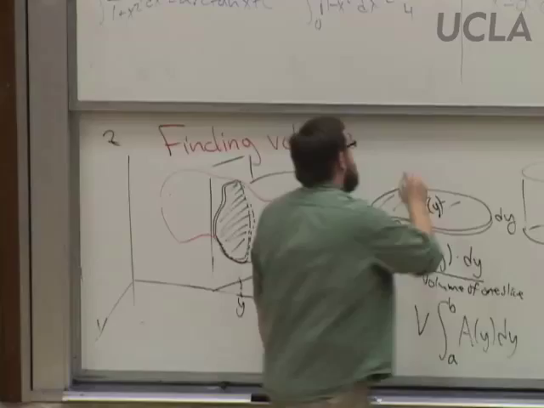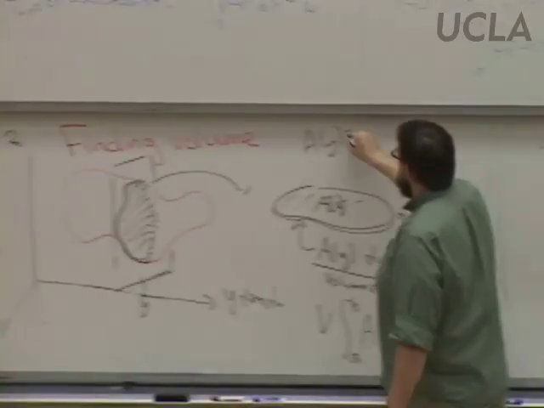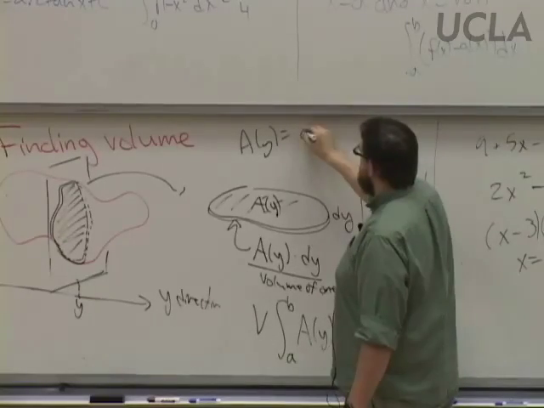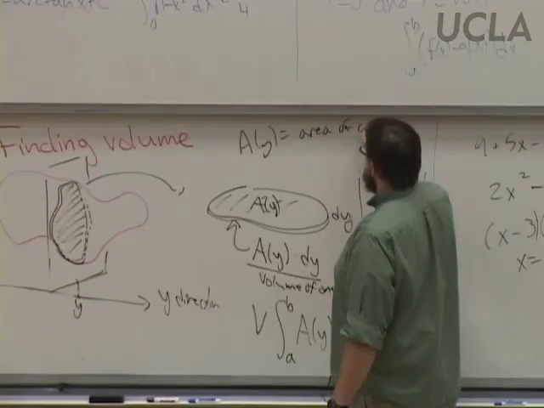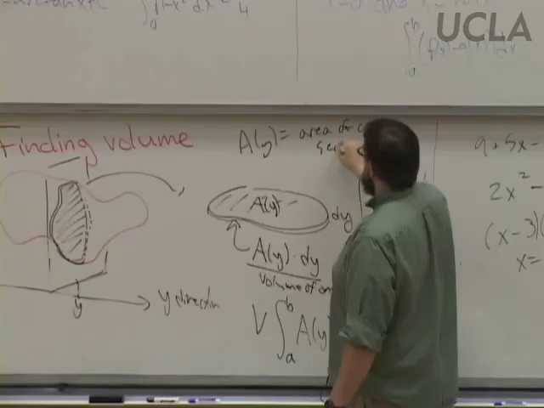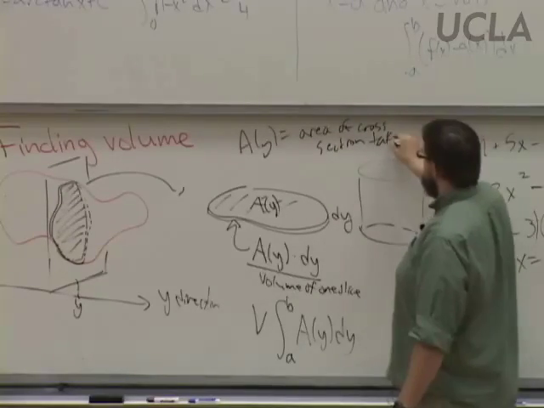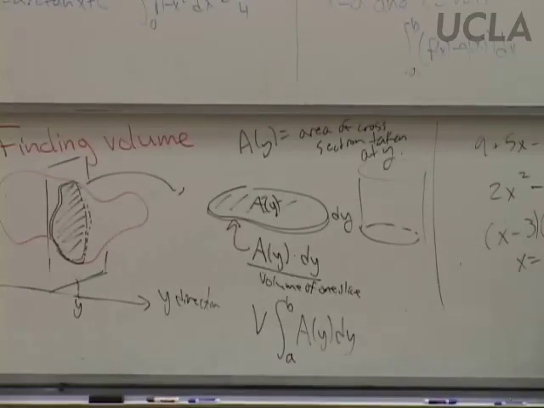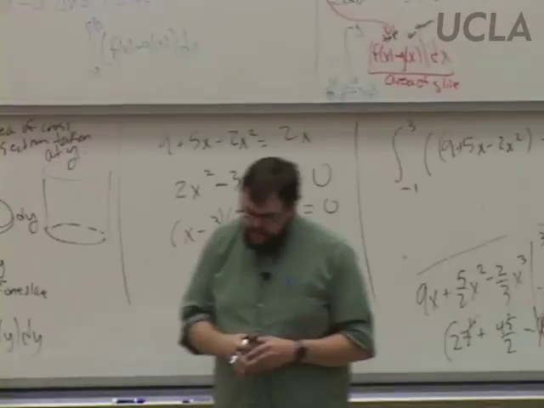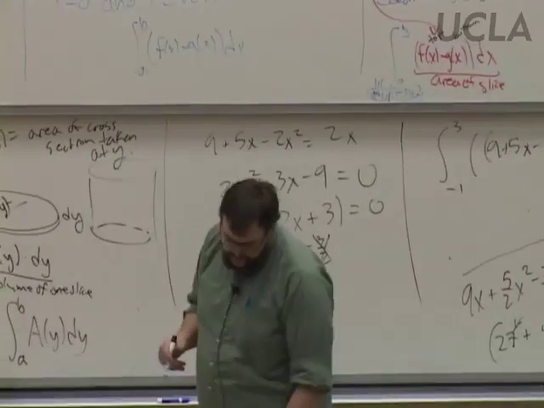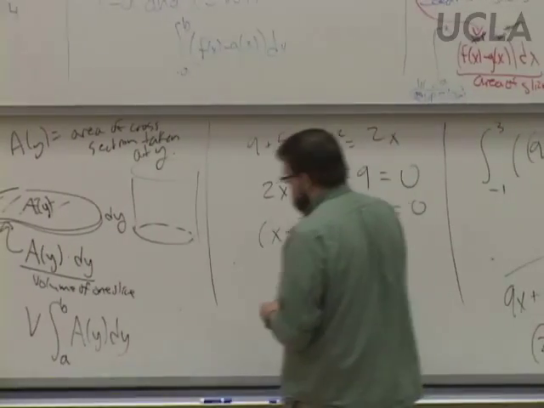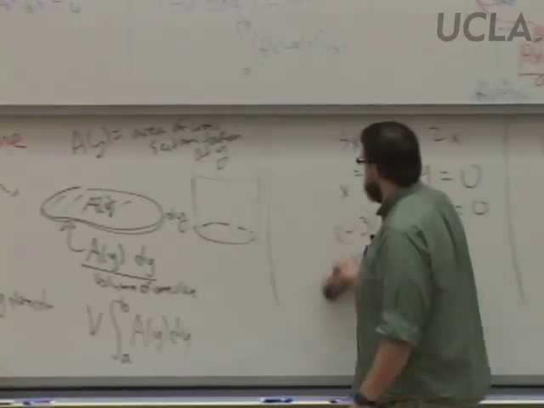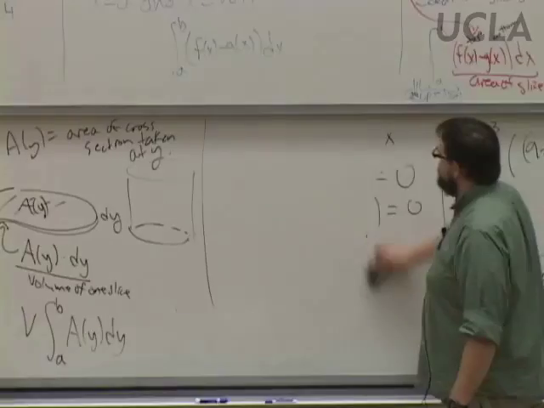And I should say what A of y is: A of y equals the area of the cross-section taken at y. So just chop it up into little tiny volumes, add up all the volumes together, and lo and behold, we get this volume out. Okay. That's how we find volume.